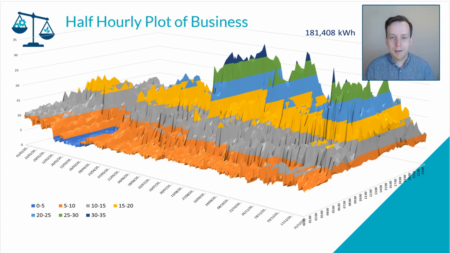So this was when catering, and similarly as we get to the end of the year, it's a venue for Christmas parties. So again, as you would expect, a lot of energy use. Also, we have a bit of a trough here, and this is a part of, unfortunately, a COVID lockdown.